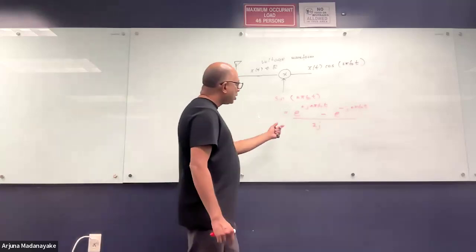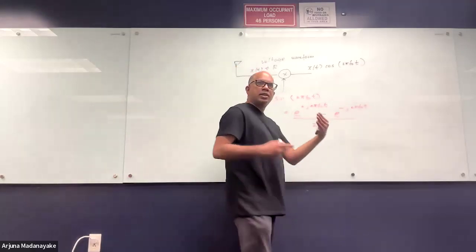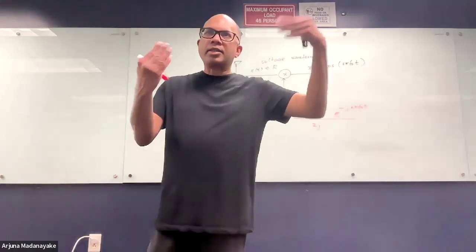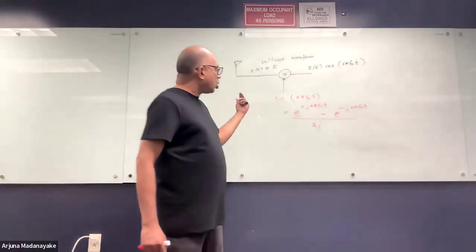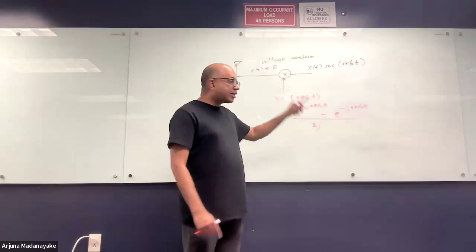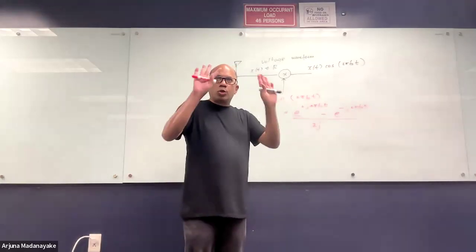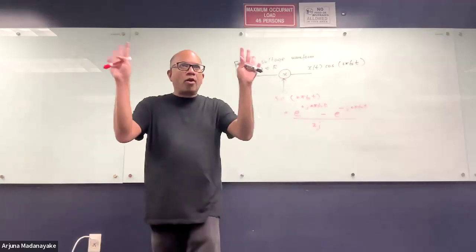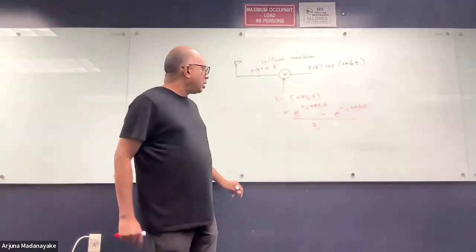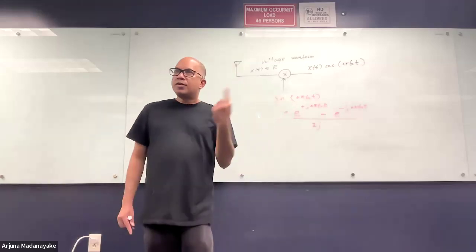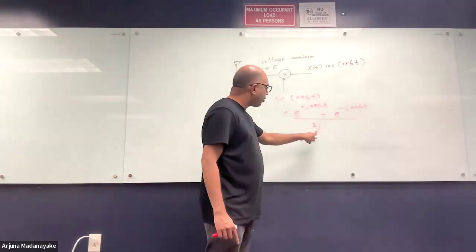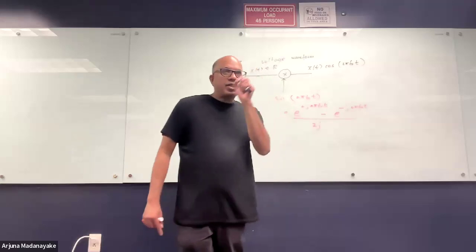So now you have a similar situation. You have two exponential parts, the plus and minus frequencies. The only difference is instead of plus, you have a negative sign here. So it's subtracting. The two frequency spectra are subtracting from each other, not adding. And the scale factor, earlier it was just half, now it's half over j. There's an extra j.